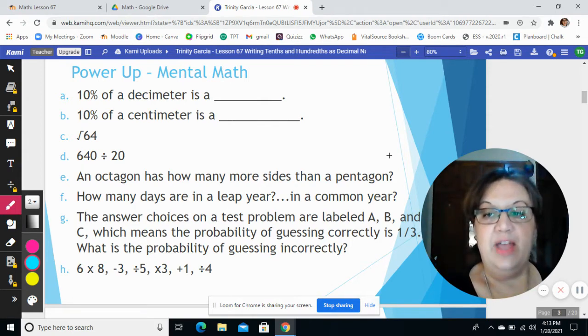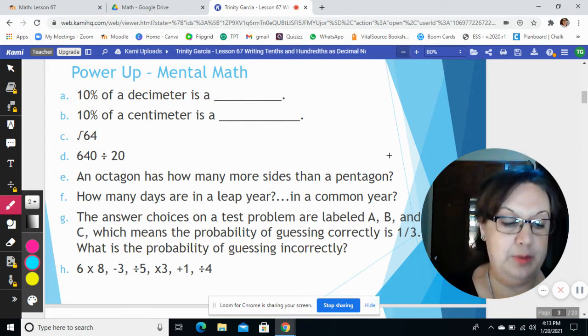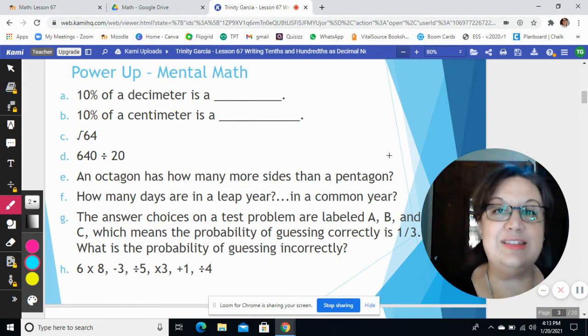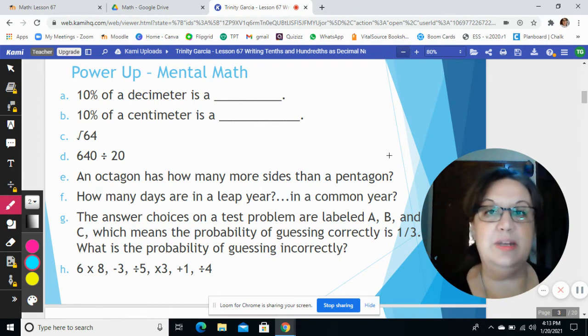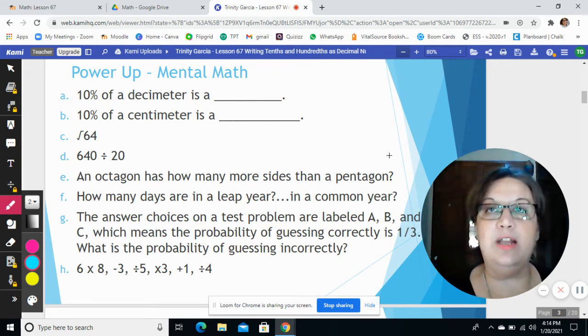Letter F, how many days are in a leap year and how many are in a common year? I'm going to help you out with that one so you don't have to waste too much time. In a leap year, there are 366 days, and in a normal common year is 365. So on leap year, we have the one extra day in February.